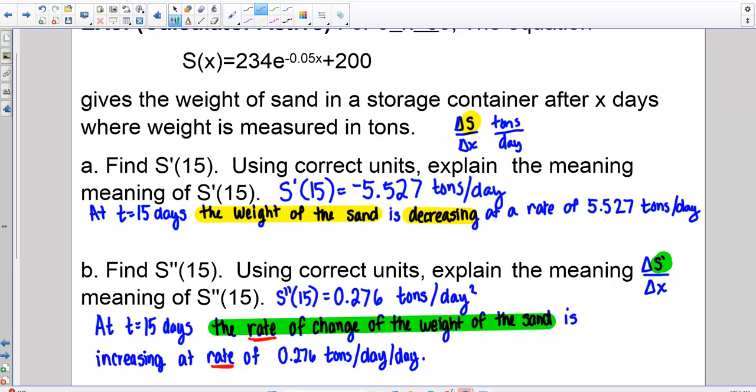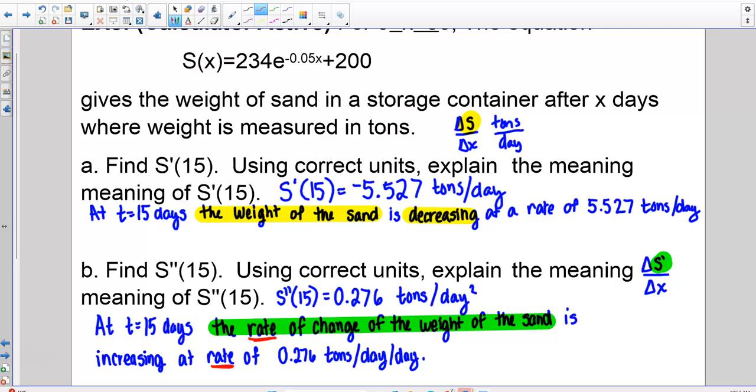I think those are a little harder to think about what's happening. I think one way will be a little bit easier to think about it when we talk about it in context of speed tomorrow, when we're talking about position, velocity, and acceleration. Because if you think about a car that is accelerating, it is going 5 miles per hour, then it goes 10 miles per hour, then it goes 15 miles per hour.